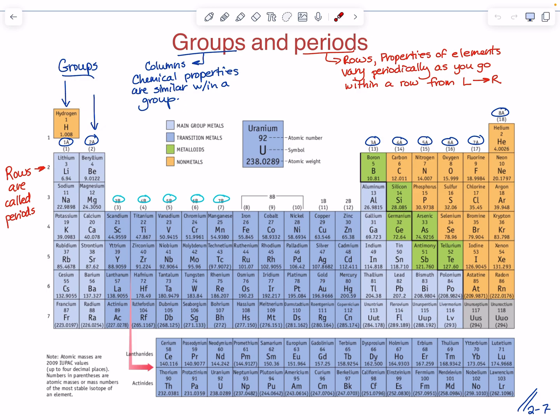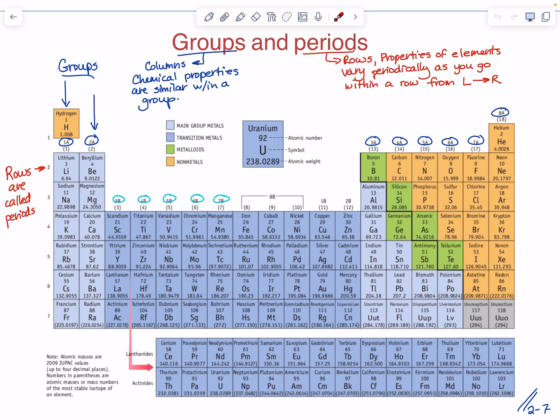All right, so the periodic table, we've talked about what the rows and the columns mean. The rows are what we call the periods, and the physical properties of your materials are going to vary as you go from left to right in a periodic, predictable fashion.